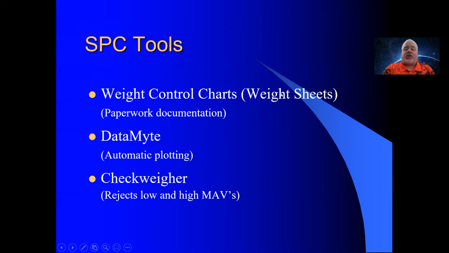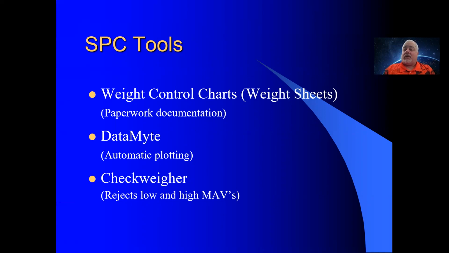So weight control charts, we've seen those. That's paper documentation that has largely been taken over by apps and by automated machinery like Datamite, which automatically plots the material. You still have to have somebody go around, take the samples, and do the weights.